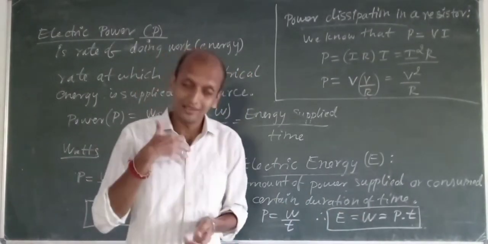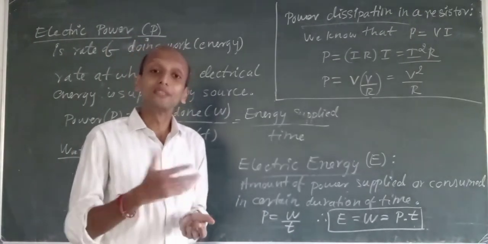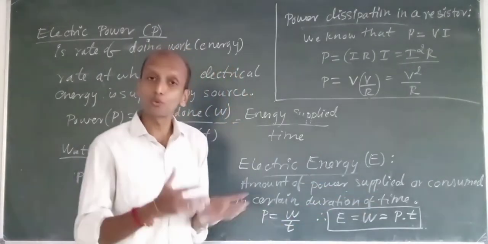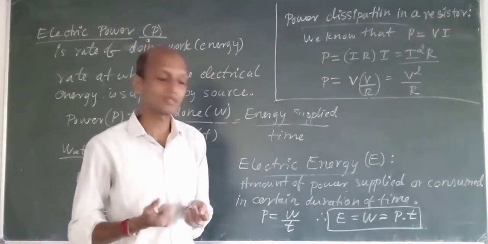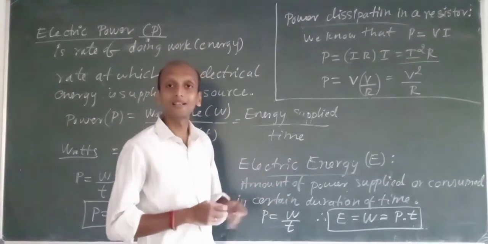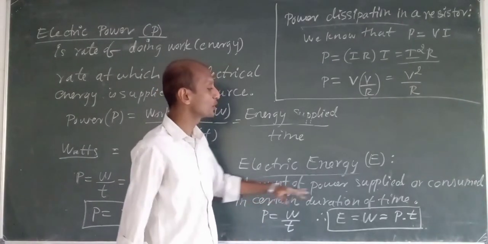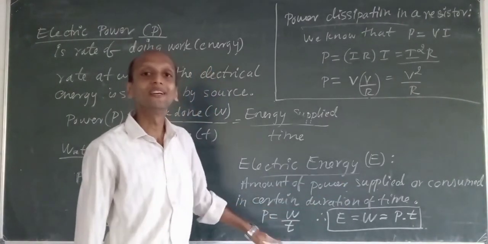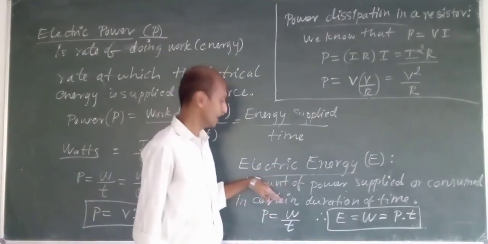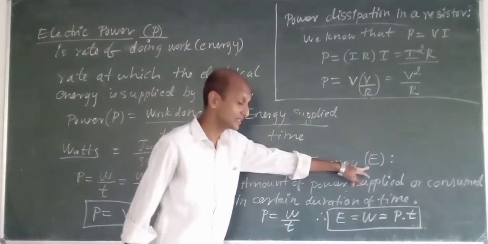So to what duration we are supplying the electrical power, or to what duration we are consuming the electrical power, that measurement is nothing but your electrical energy. So it is represented as E.